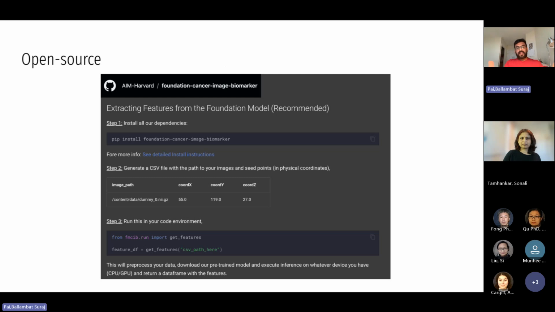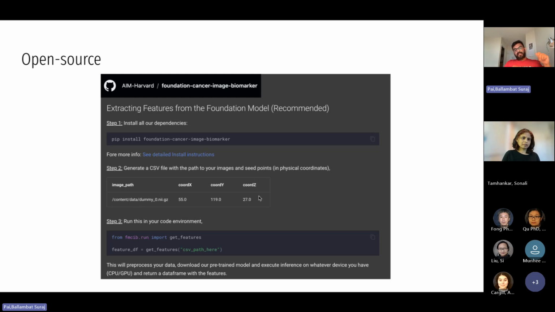And to make this very usable for people, and again to push this agenda of democratizing this, we also make a very easy way of having people work with this. So it's a pip installable package. All you would need to do to use this is say pip install foundation cancer image biomarker, and then it's one simple function call, provided that you set up your images in this CSV format.